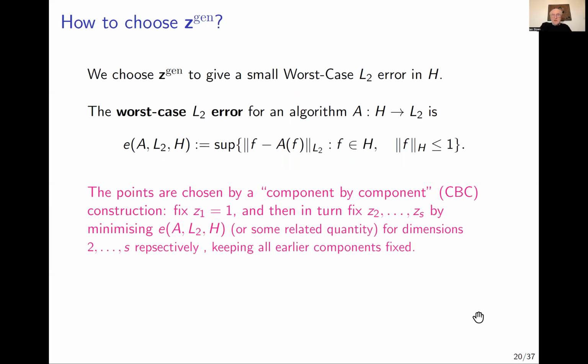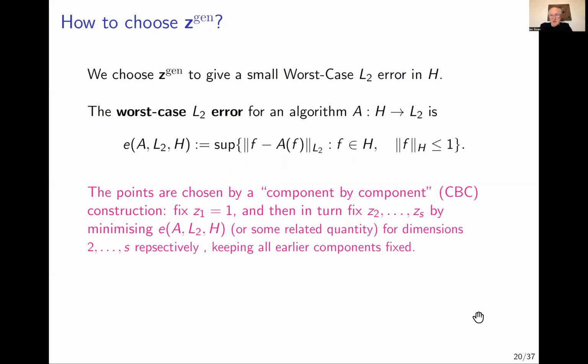Okay, so how to choose the generating vector? Well, as in lattice rule integration, we like to choose it to give a small worst case error. Worst case, in this case, L2 error in the Hilbert space H. So what's the worst case error?